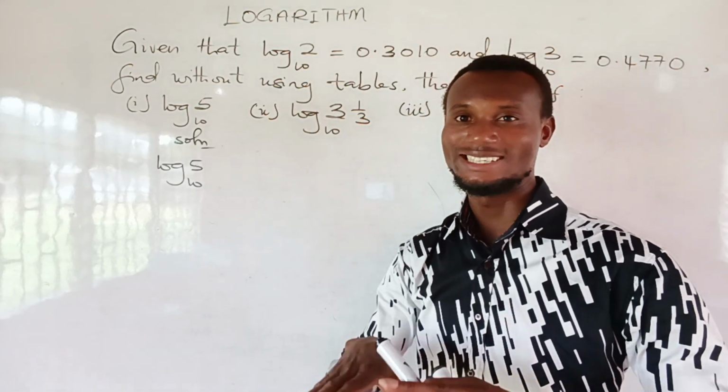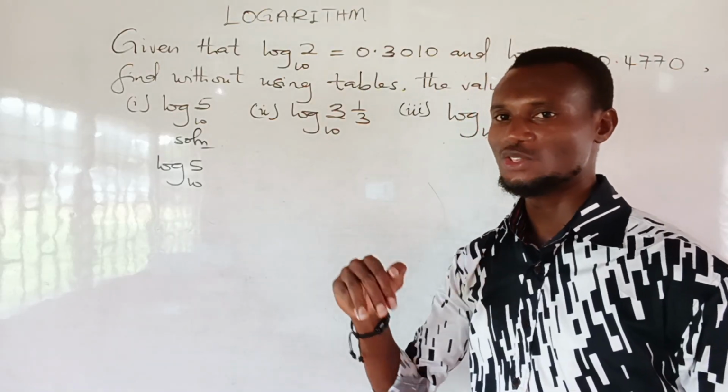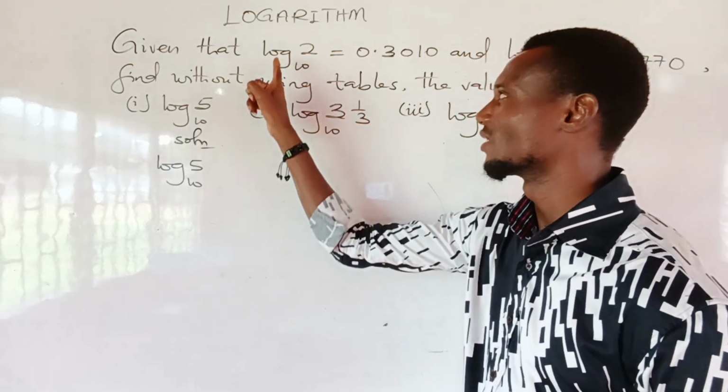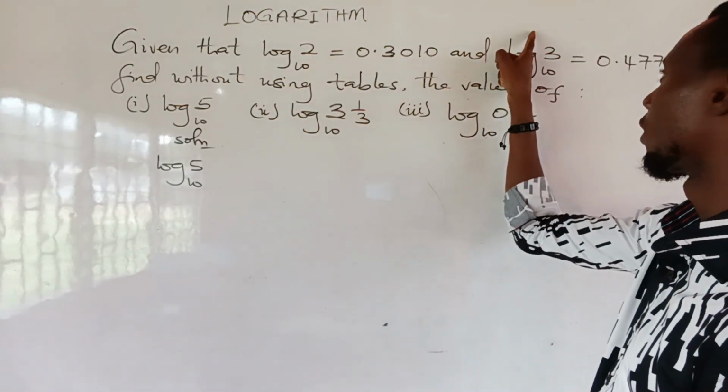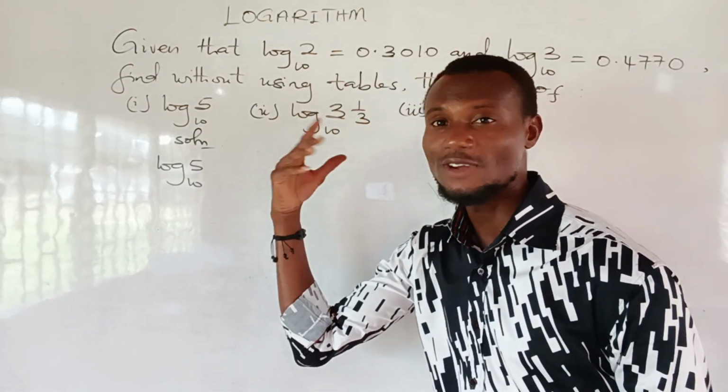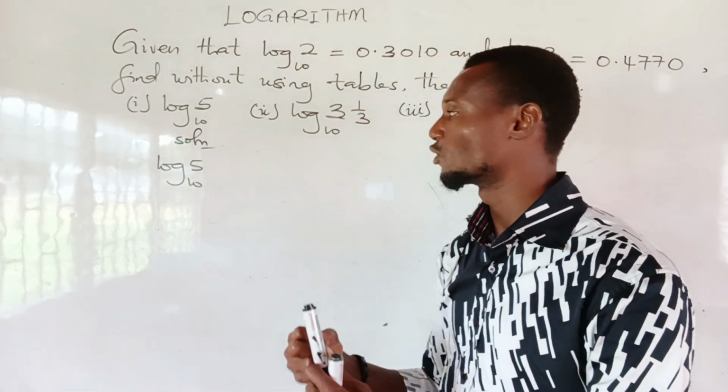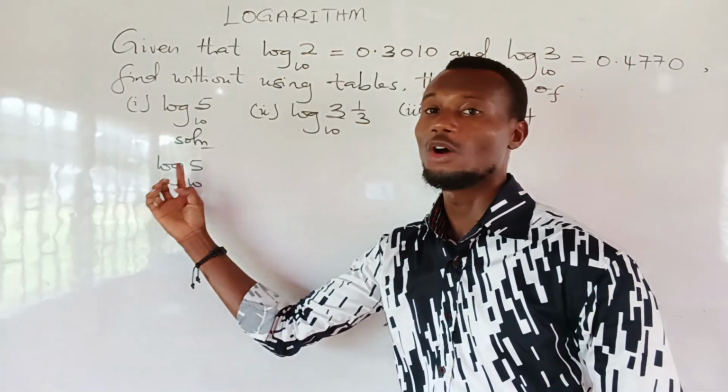I hope you understand up to this point. Because you have been given the value of log 2 to the base 10 and also the value of log 3 to the base 10, those values are what you are going to use to be able to get the value of log 5 to the base 10.